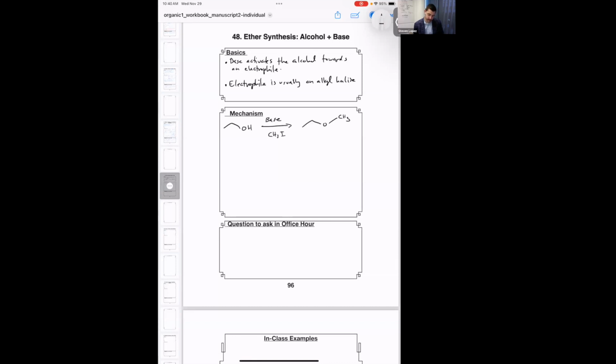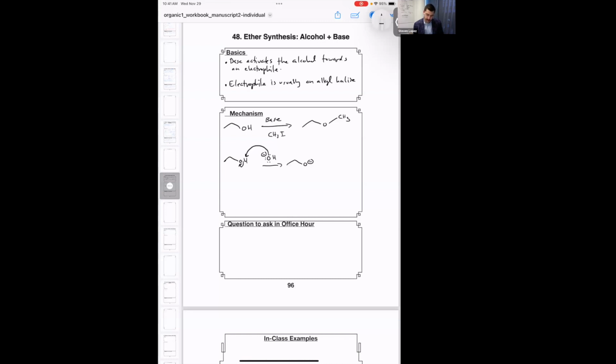So here's the mechanism. If we take ethanol and we react it with sodium hydroxide, we know that the hydroxide and the sodium will dissociate 100%. And the hydroxide comes in, deprotonates the alcohol, and moves the electrons in the oxygen-hydrogen bond onto the oxygen. This makes ethoxide.